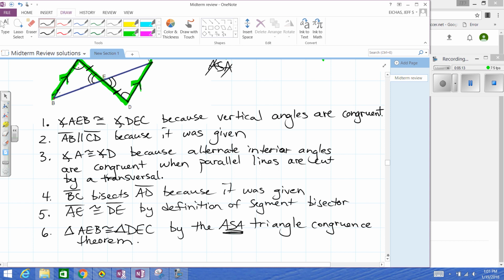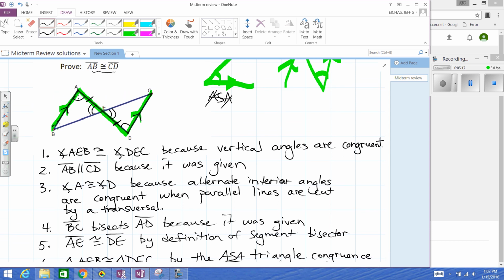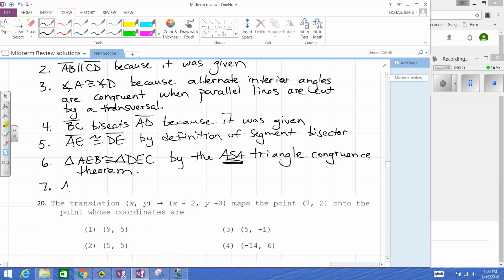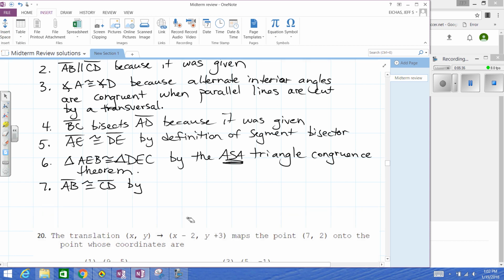So I finish it with AB congruent to CD. AB is congruent to CD by, let's get some space here. There are a lot of different acceptable answers out there for this.